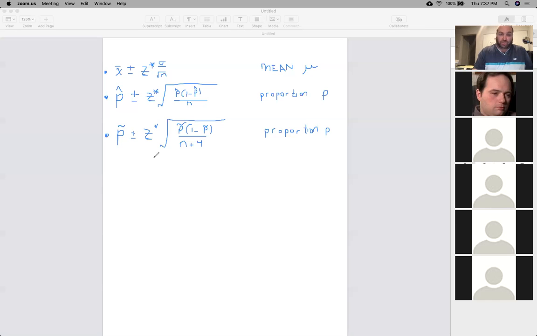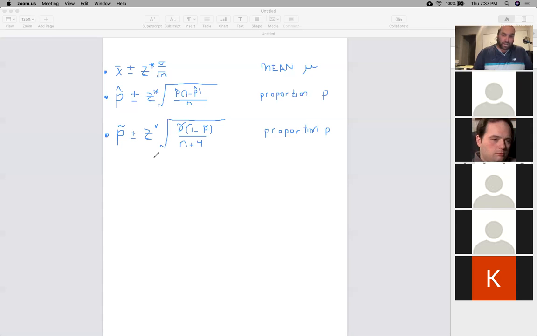Okay? The next question which you should ask yourself is what? One more time. The P with the tilde over it, what does that represent? Well, that's the whole question, right? The question is, what exactly is the P with the tilde over it? So the P tilde is equal to X plus 2 over N plus 4.